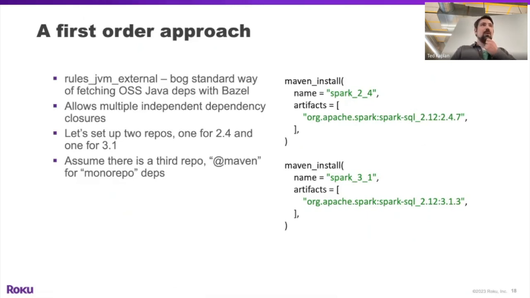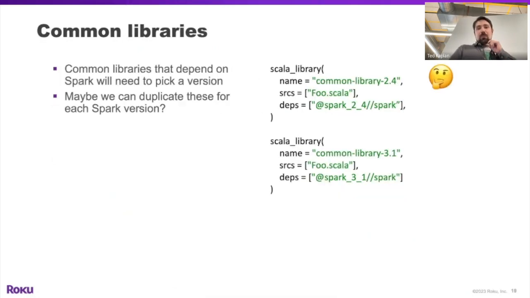Rules JVM external, which is the standard way of fetching Java dependencies with Bazel, lets you define multiple dependency closures. So that gets us somewhere. We can have multiple Maven installs for each of our Spark versions, which will give us an independent dependency set for those. But how do we make this work with our common libraries?